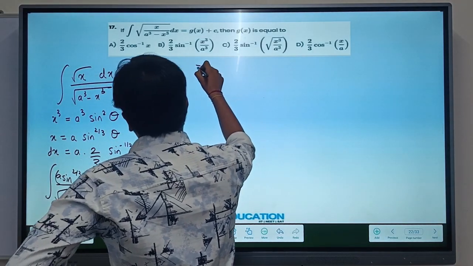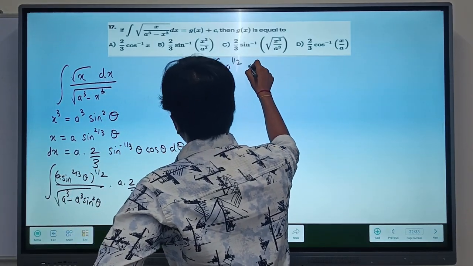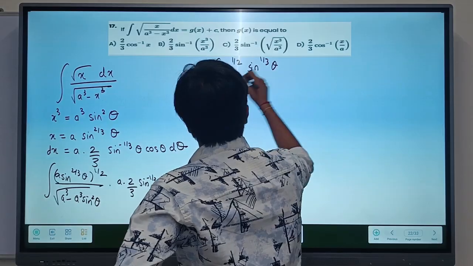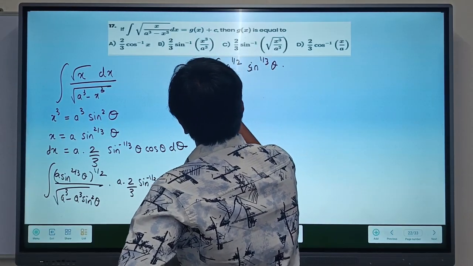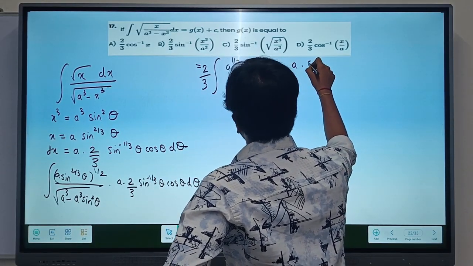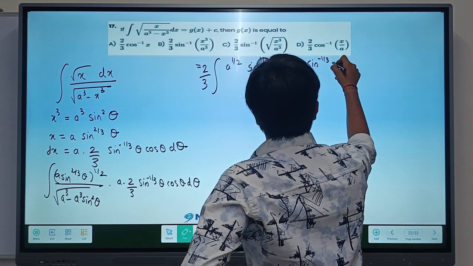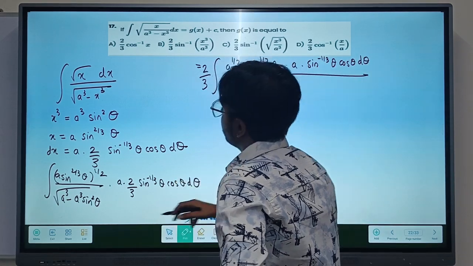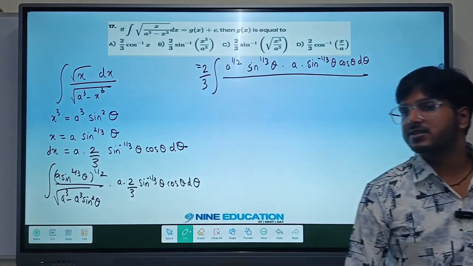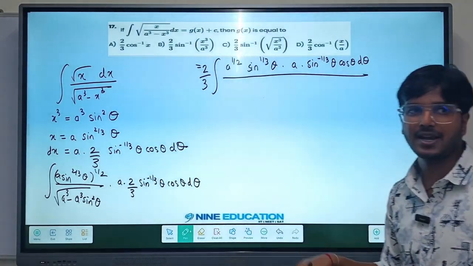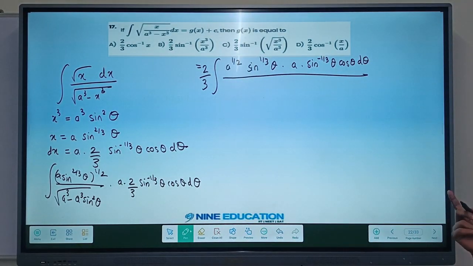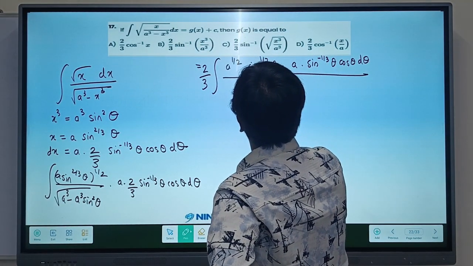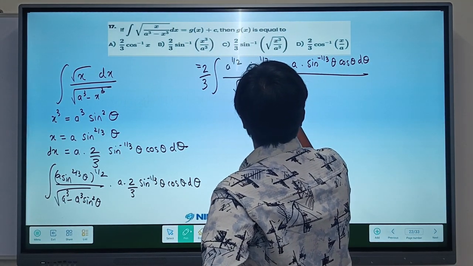So I can write it as a power 1 by 2 sine power 1 by 3 theta, 1 by 2 into 2 by 3 constant comes outside, a sine power minus 1 by 3 theta cos theta d theta divided by root of a cube minus a cube sine square theta. Take a cube common, 1 minus sine square theta. 1 minus sine square theta is cos square theta. So this will be root of a cube cos square theta.